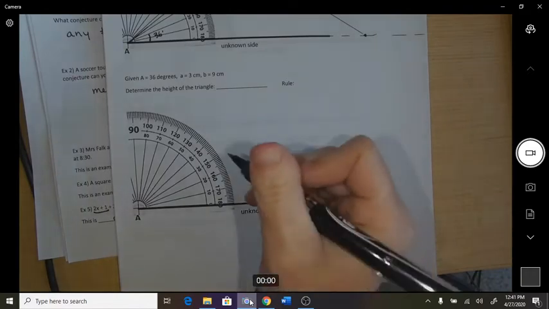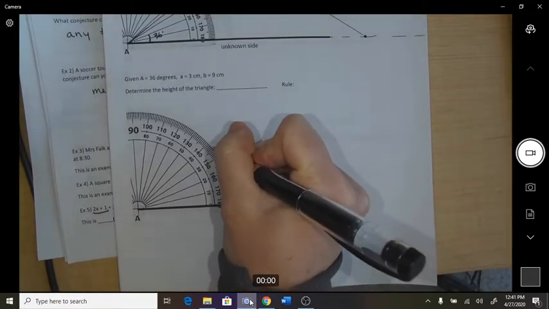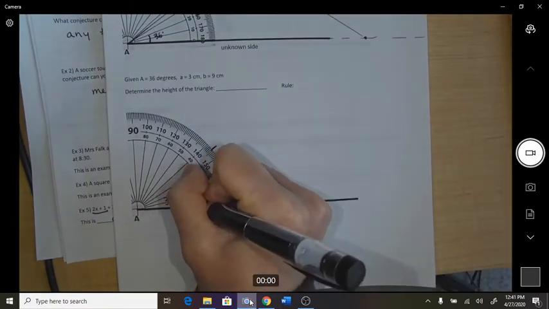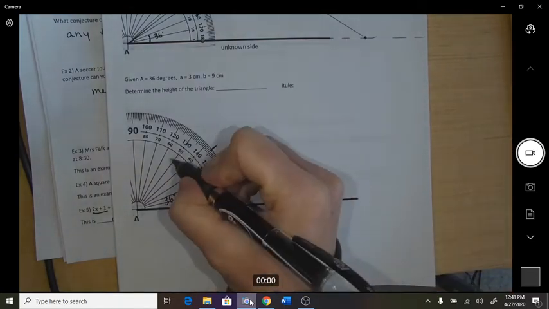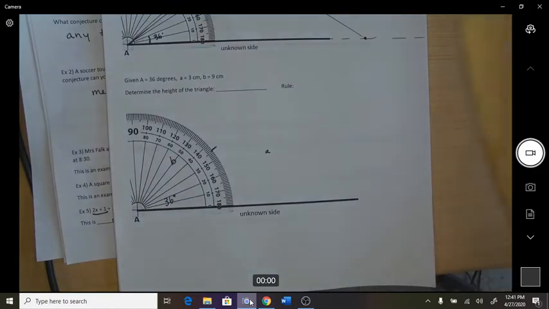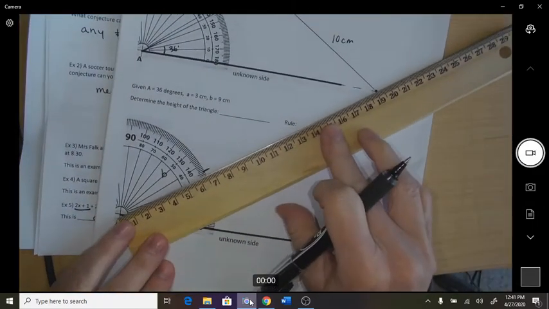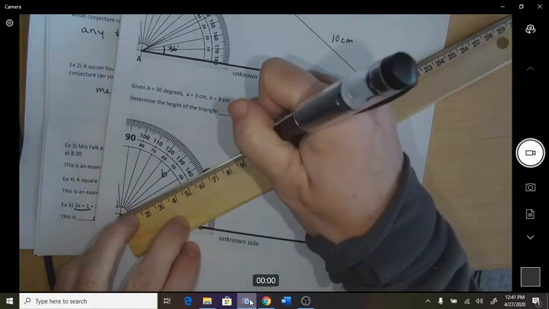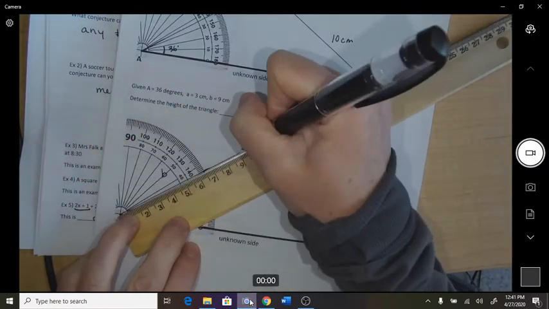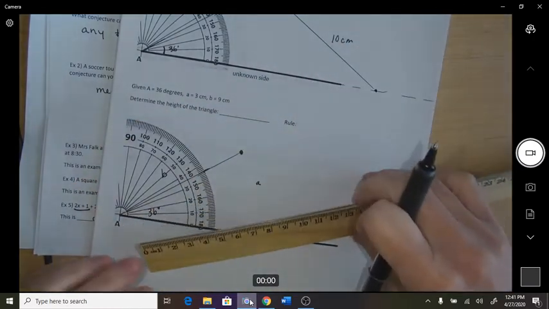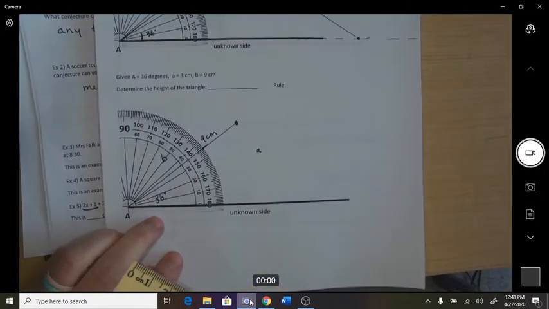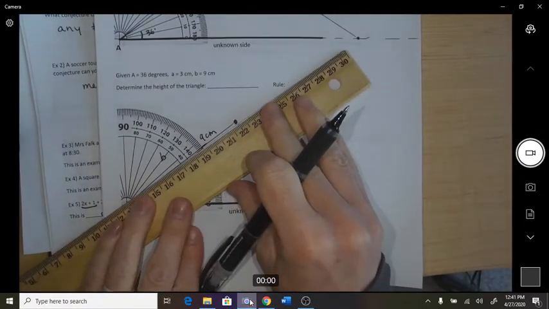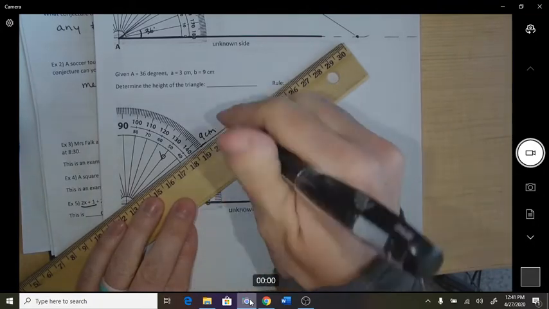Okay, 36-degree angle here, same thing. And then A is across, so B is adjacent, so I'm going to go out 9 again. So it's 9 centimeters out. Just going to draw this a little darker.